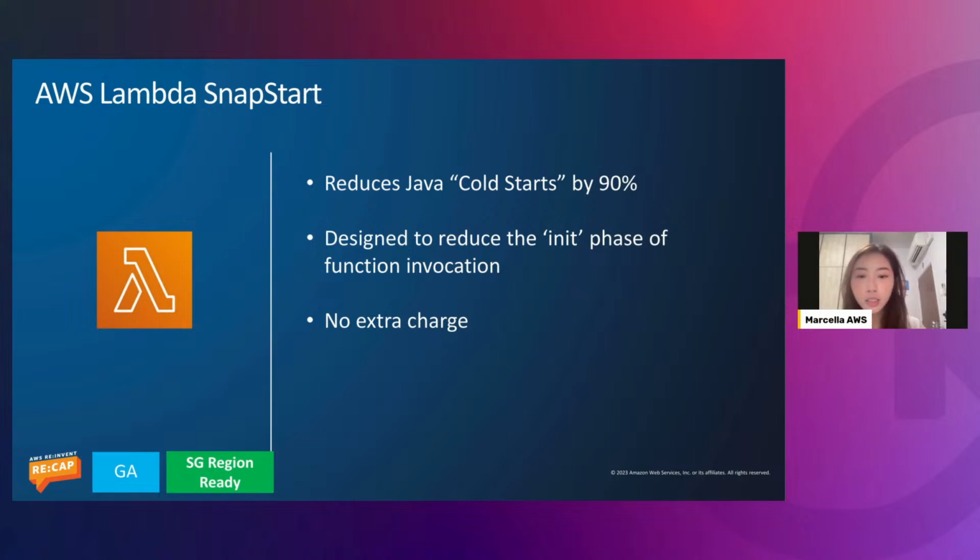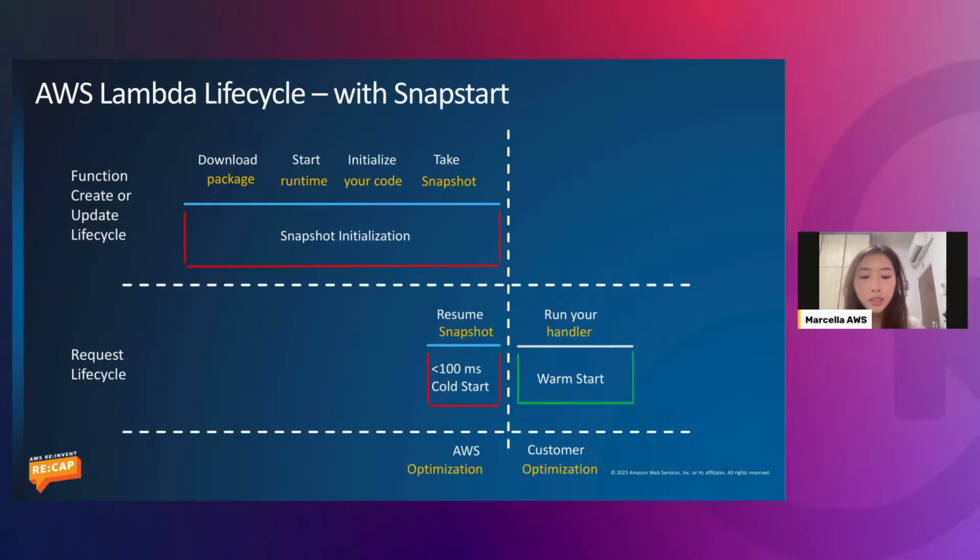So this is how AWS Lambda SnapStart works. As you can see, this is the cold start phase. If you create your Lambda function for the first time with SnapStart enabled, a Firecracker snapshot is created capturing the entire initialization phase.